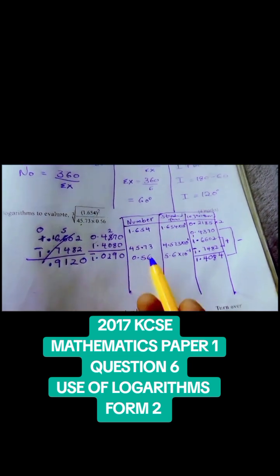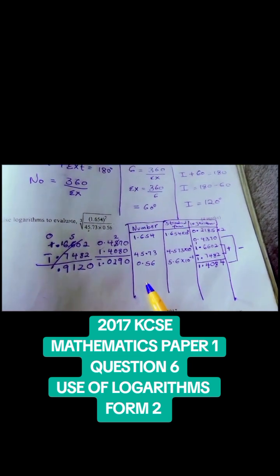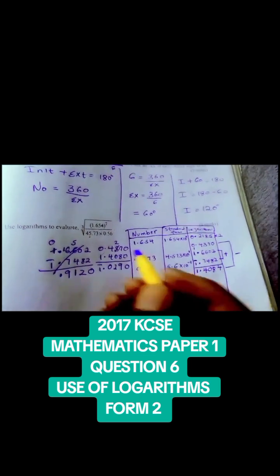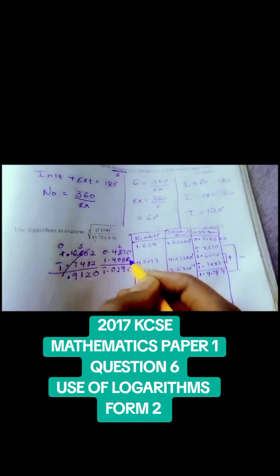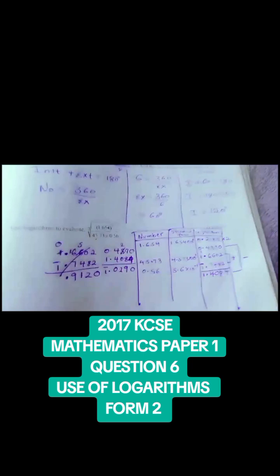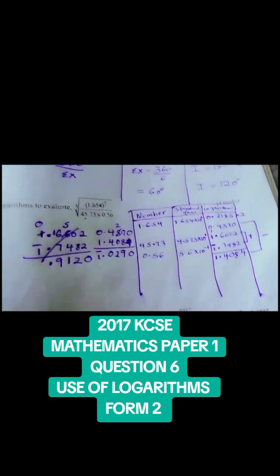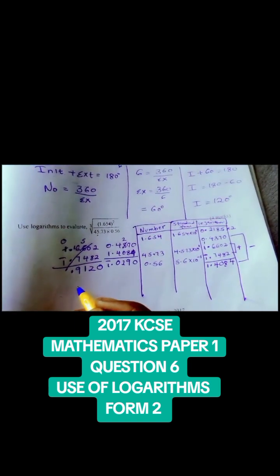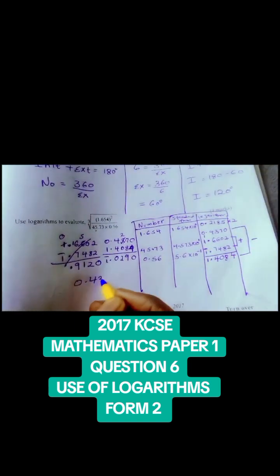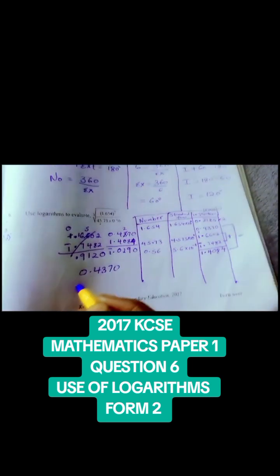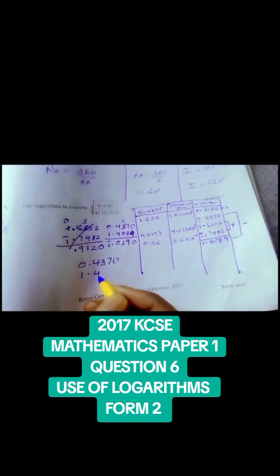Yeah, here it is 4. I'm doing more of explanation with the errors. That's why I get a little bit confused. Let us redo it again. 0.4370, we subtract 1.4084. You borrow 1, it becomes 6. Here we have 6.